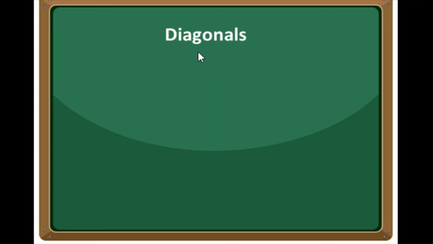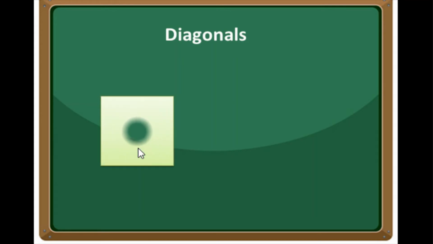Diagonals. Very good. Let's look at the square. A square has 2 diagonals. And when they meet, they form an intersection point.